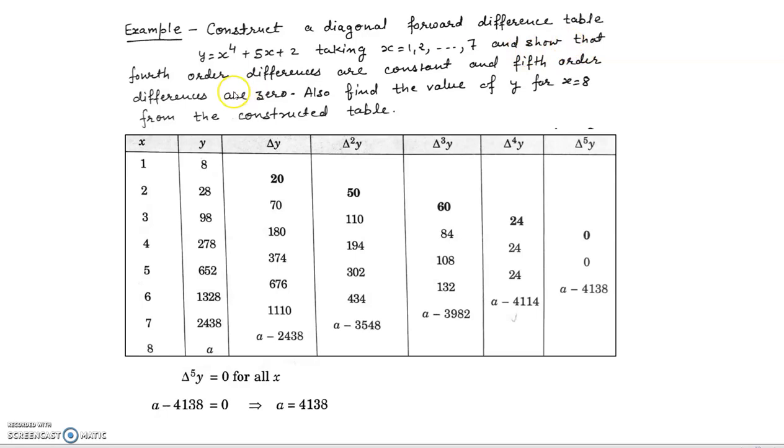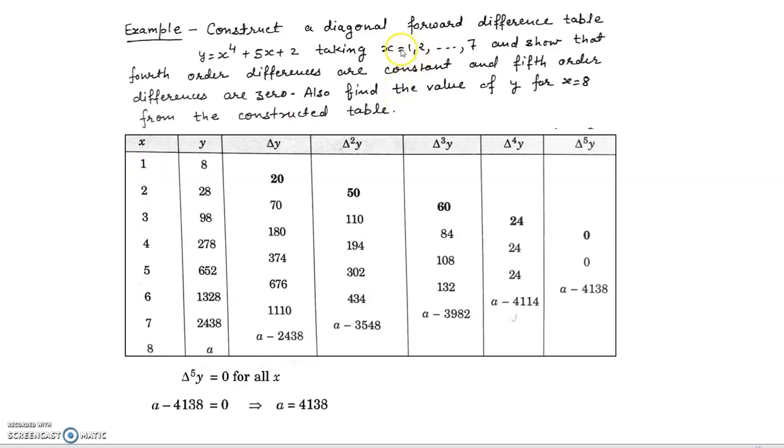Next, we have to show that fourth order differences are constant and fifth order differences are 0. And also we have to find the value of y for x equal to 8 from the table. Up to 7 we can write from this equation, but for 8 we have to find the value of y from this table. So first let us construct this table, like we just discussed, our forward difference table.